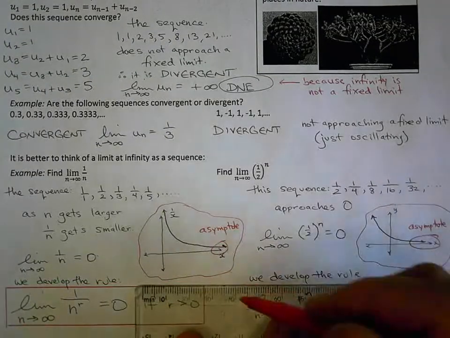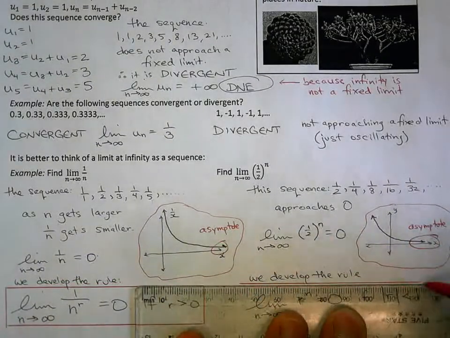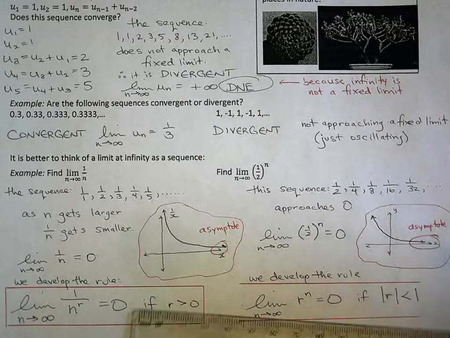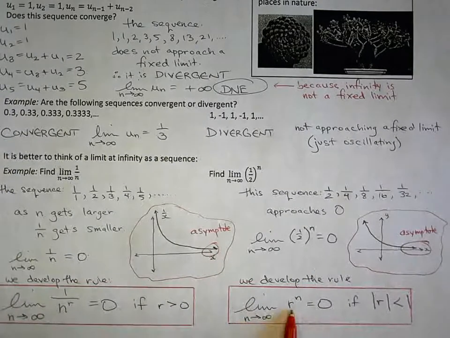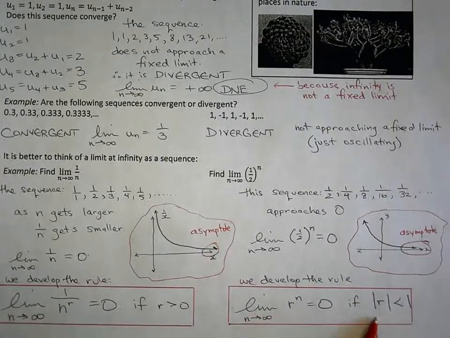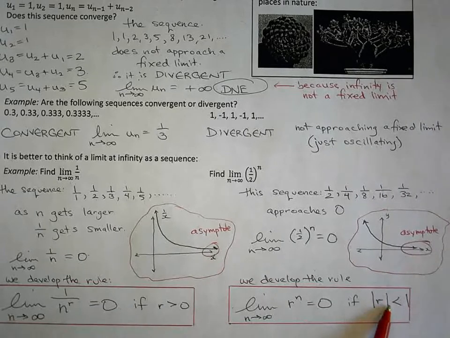Let me just put that in a box because this is a rule. So the limit of r to the power of n is equal to 0 only if the absolute value of r is less than 1.